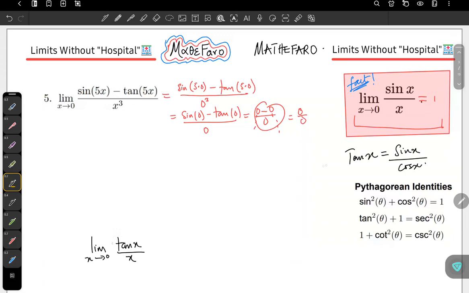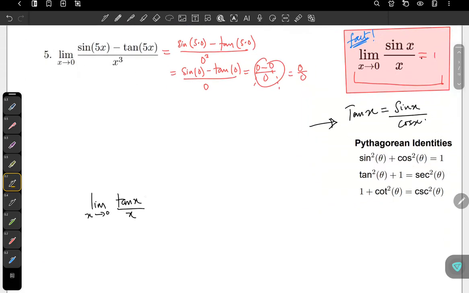Let us use this identity that we have here: tan x equals sine x over cos x. So I can rewrite this as the limit as x approaches 0 of sine x over cos x, divided by x.